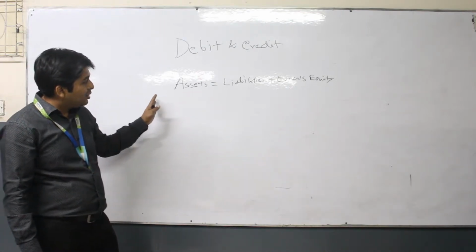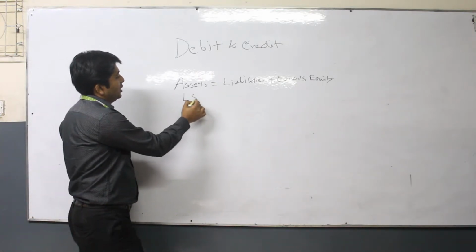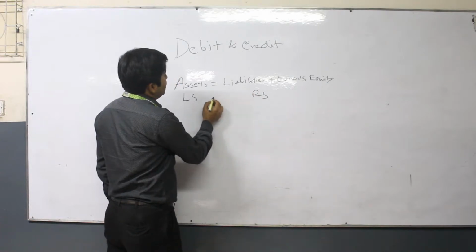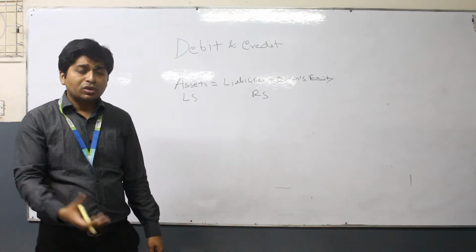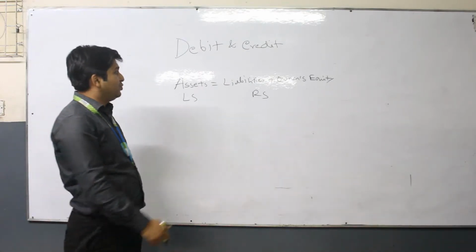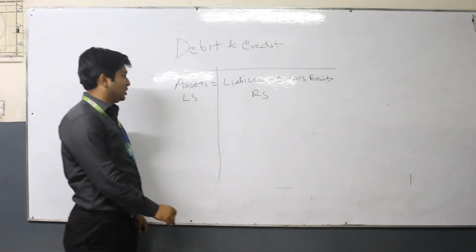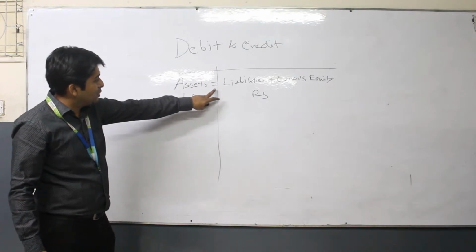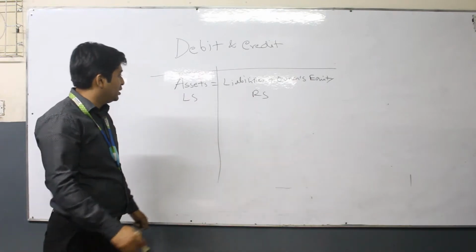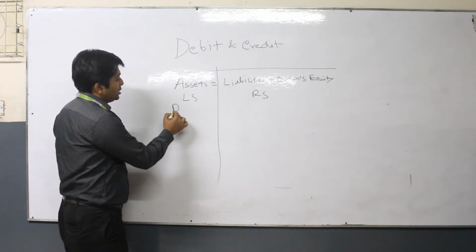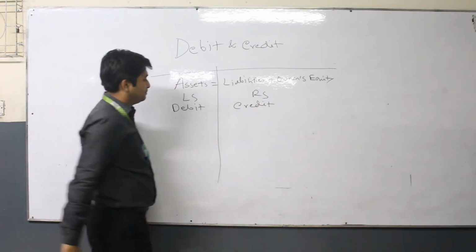Our equation also has two sides, the left side and the right side of the equation, the features we have discussed from the concept of the account. If we put this structure into the accounting equation, we find it is divided into a left side and a right side. We already know the left side is known as the debit side and the right side is known as the credit side.